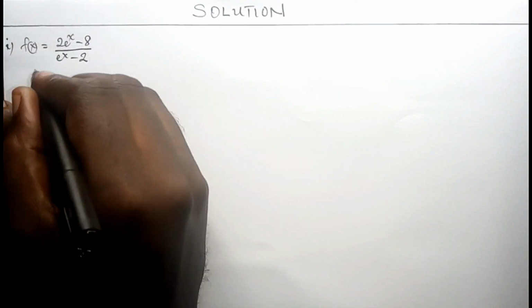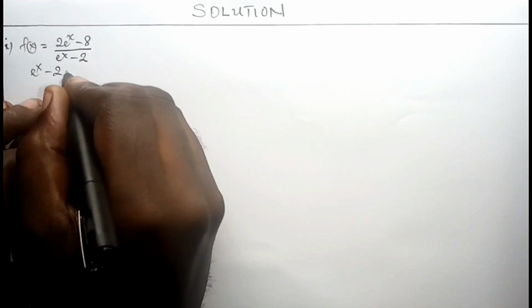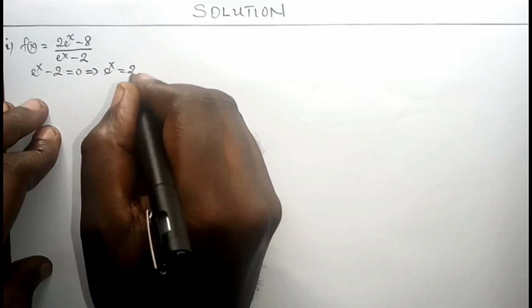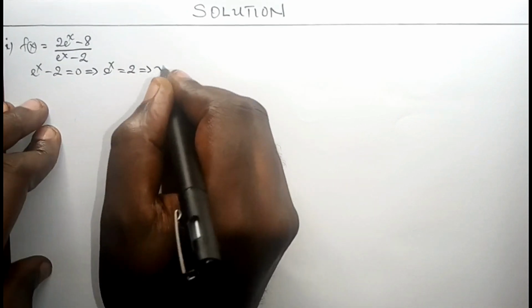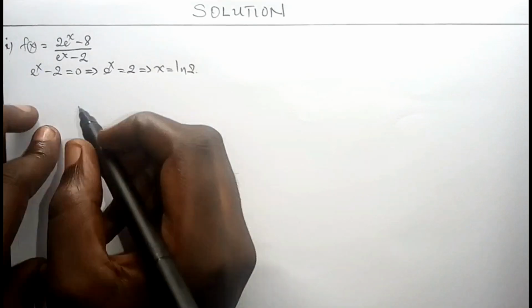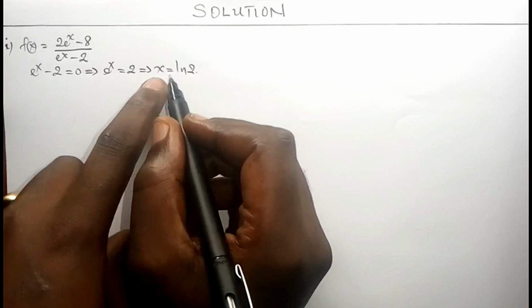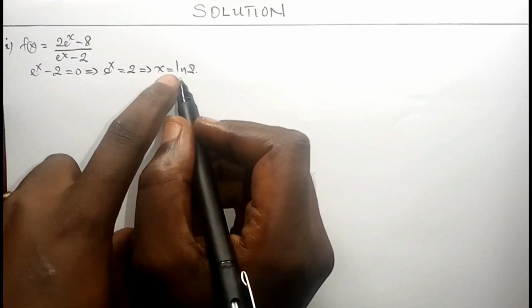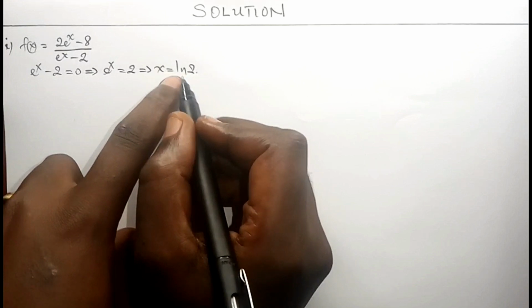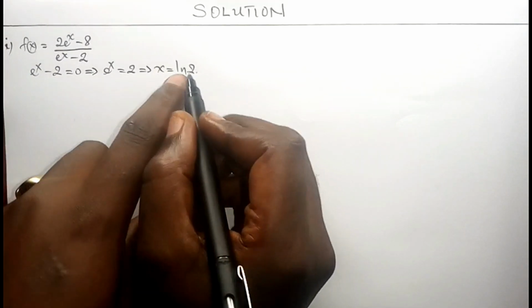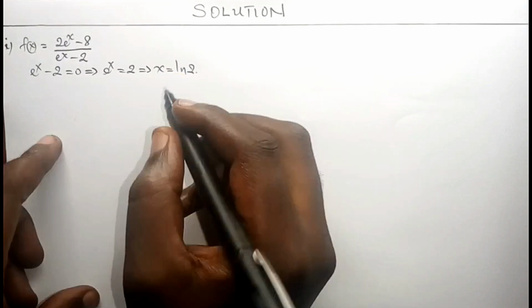So I start with e to the x minus 2 equals 0, which implies that e to the x equals 2, and so x equals ln 2. And that implies that the set of values that this function can take would start from the left of ln 2 moving down to negative infinity, or from the right of ln 2 moving up to infinity.